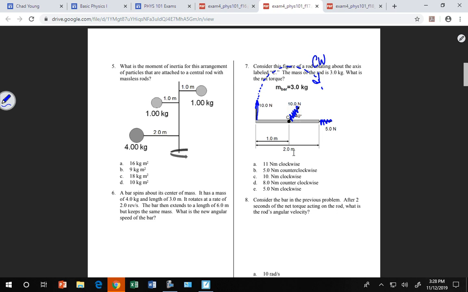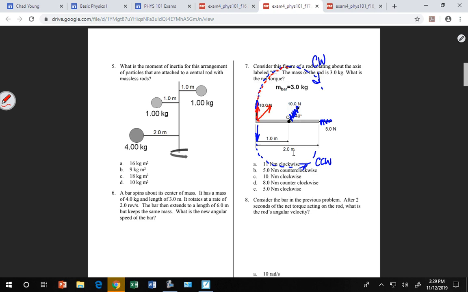And then if I have a force here, that's going to cause it to go like this, and that is counterclockwise motion. And even if the forces are at an angle, they're still going to cause motion in the same direction. It's just only a component of that force is going to cause it.